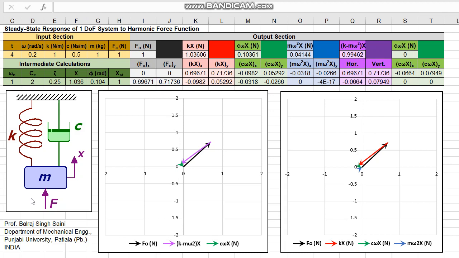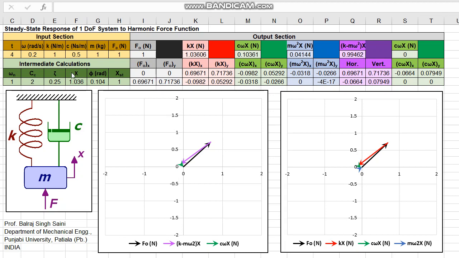The second one is a particular integral, which is the steady state response. So in today's discussion, we'll be discussing only the steady state response component. And on that, we'll be concerned mainly not with this instantaneous displacement, but rather with the amplitude of the instantaneous displacement. That is what we'll be determining here.